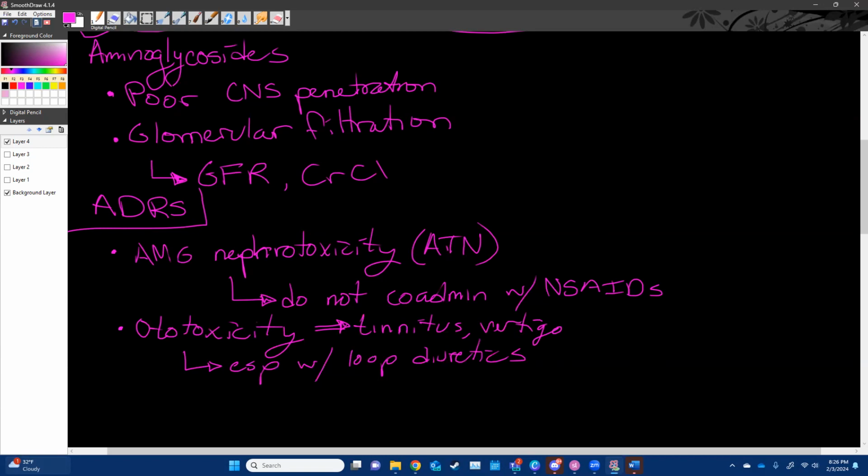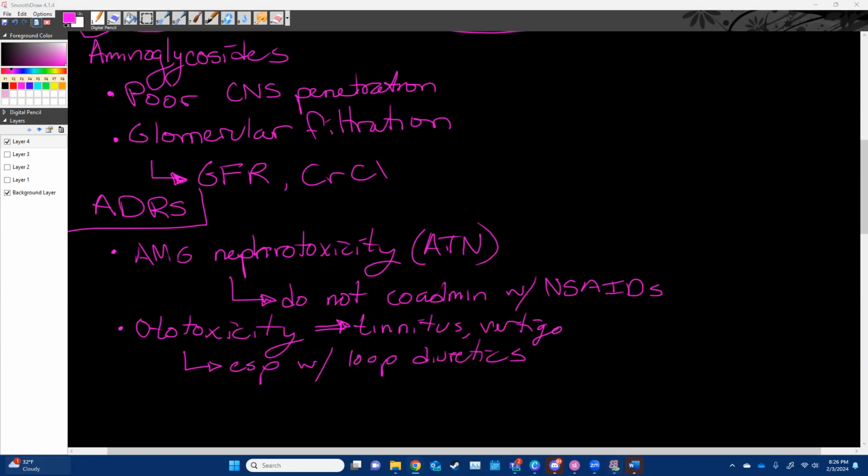Why loop diuretics? What are loop diuretics doing with aminoglycosides? Exactly. Yep. Right.